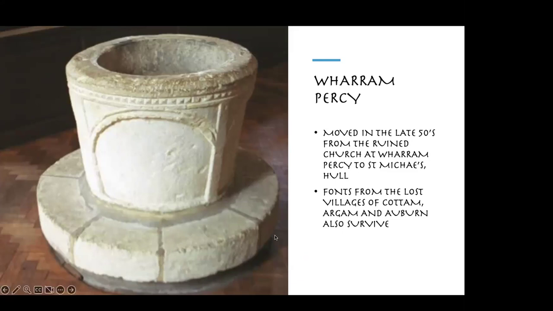And Auburn Church, which disappeared under the waves, coastal erosion, is now at Ragby Church in West Yorkshire. Cowlham, although the font is still in its church, although not the original church, of course, a Victorian replacement, has the earthworks of the original village behind it, the original settlement.